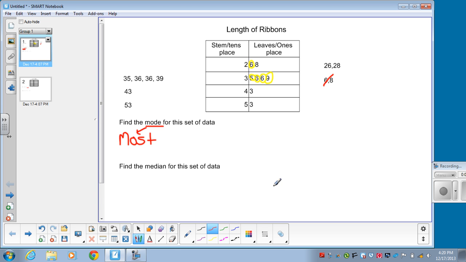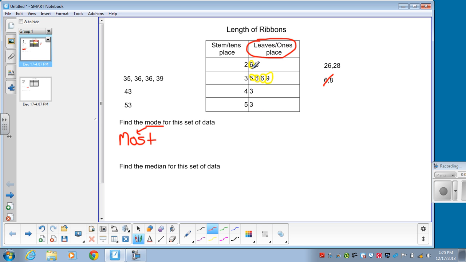What digit do you see the most? Hint, when we try to find what number we see the most, we look at the leaves. I bet a lot of you said that you see the 6 the most.